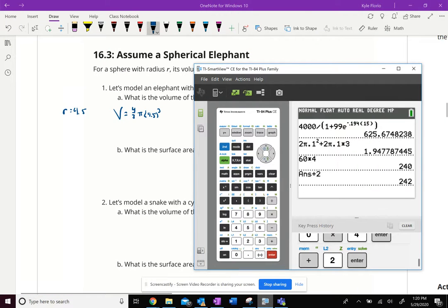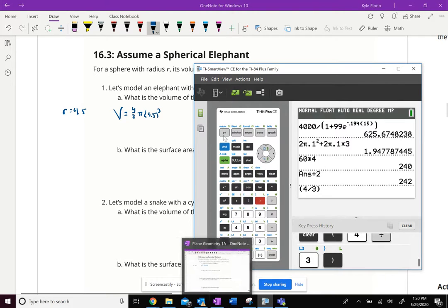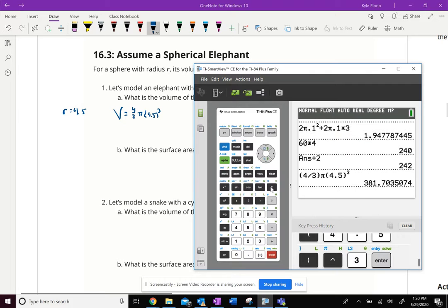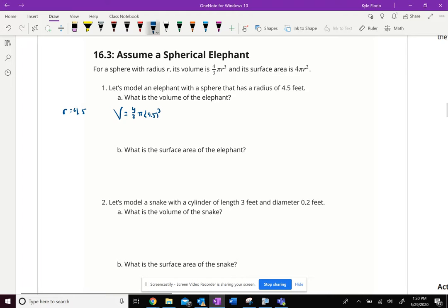So we have 4/3 times pi times the radius, which is 4.5, to the third power. And it turns out that we're going to get somewhere about 381.7. What are we in? Cubic feet. So that's the cubic feet of an elephant.